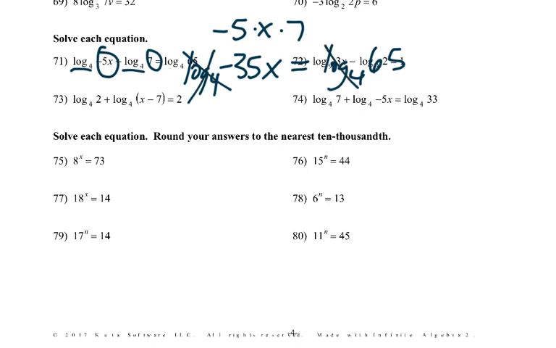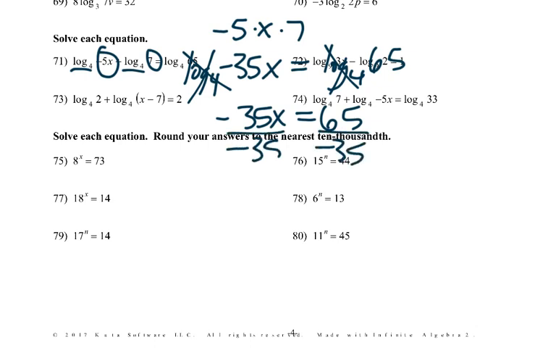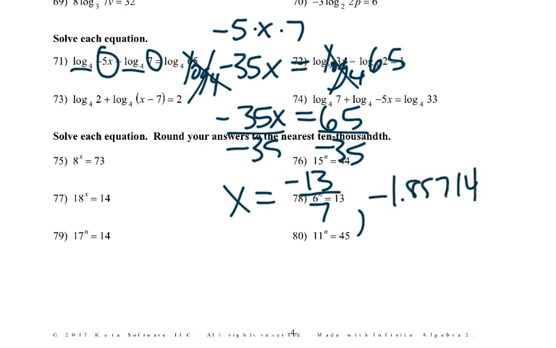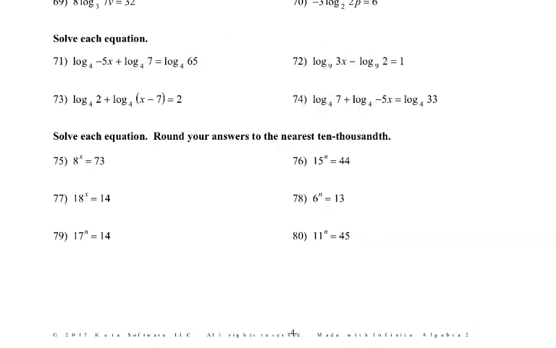Now log base 4's can get removed, so negative 35x would equal 65. Divide by negative 35, and we get x equals, we can either reduce it as a fraction and get negative 13 over 7, or as a decimal it would be negative 1.85714, about negative 1.86.